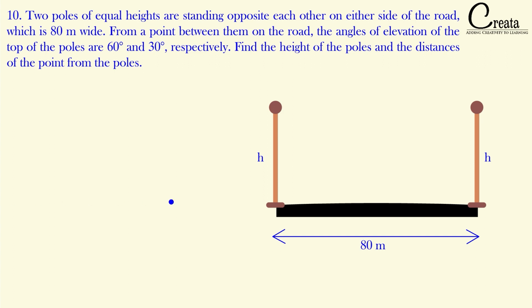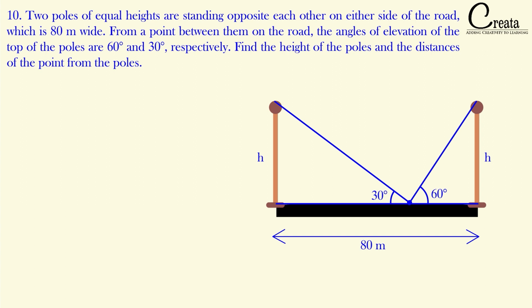Further, a point is also given on a road. Let's assume this as a point. From this point, the angle of elevation of the top of the poles are given. It means from this point, we are looking at the top of the pole and the angle formed are 30 degree and 60 degree. If we are looking at the left hand side pole, the angle forming is 30 degree, and if we are looking at the right hand side pole, the top of the pole, the angle formed is 60 degree.